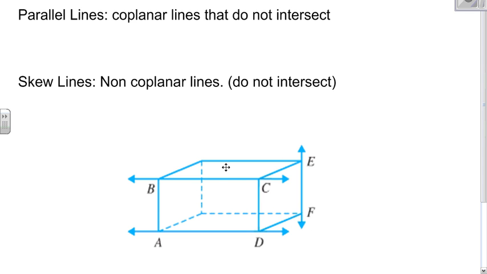They don't intersect because they're in different planes. BC and EF are skew, or you could say AD and EF. BC and AD are parallel.